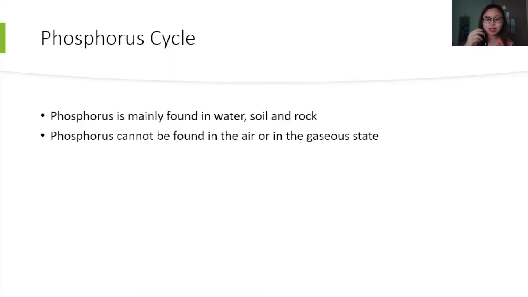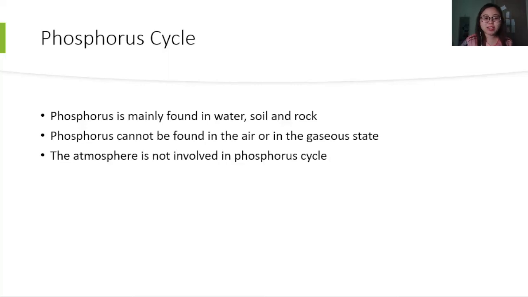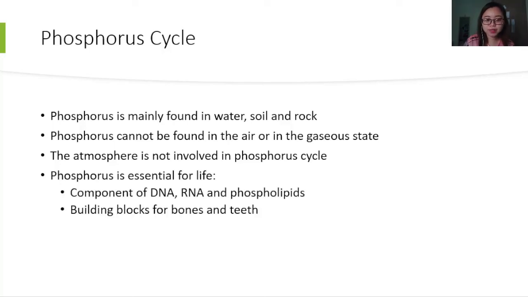Atmosphere will not be involved in the phosphorus cycle. Phosphorus is still very essential for life because it makes up a component of DNA, RNA, and our phospholipids. They are also one of the building blocks for your bones and teeth. So that is the significance of us learning about the phosphorus cycle. Alright, so if you're ready, let's continue.